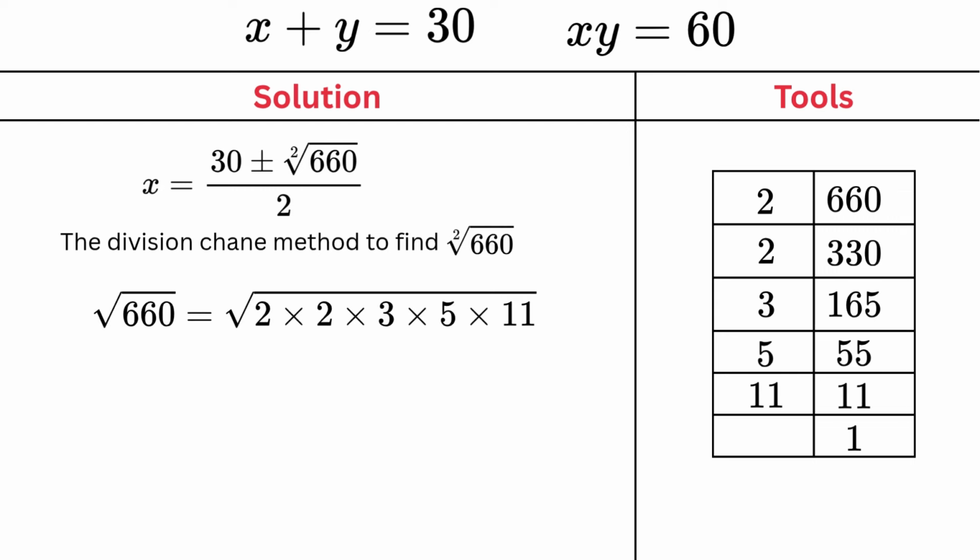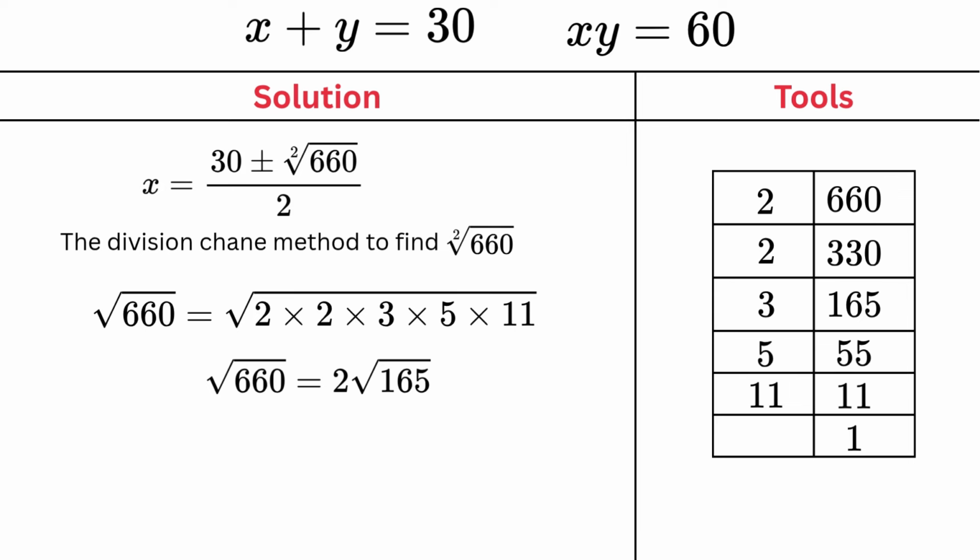So 660 is equal to 2 times 2 times 3 times 5 times 11. We have only one pair, which is the 2 and the 2. So this pair comes out of the square root as a single 2, and the numbers 3, 5, and 11 stay inside the square root. So square root of 660 becomes 2 square root of 165.